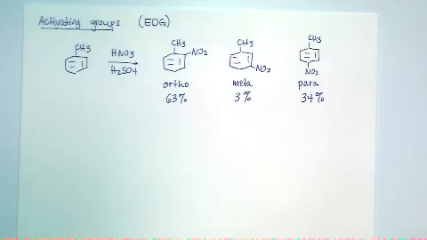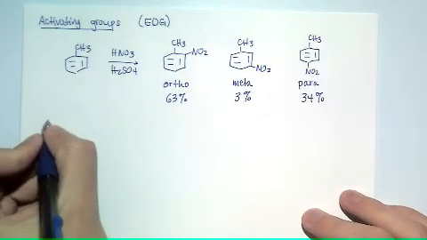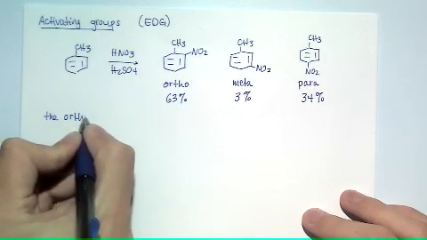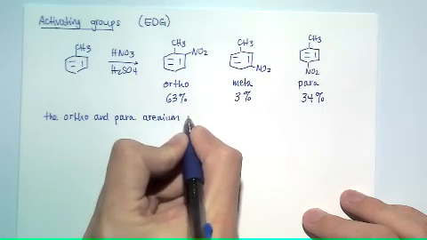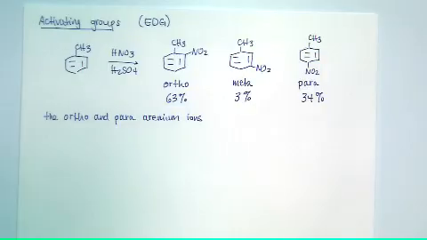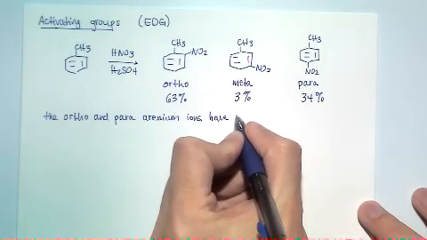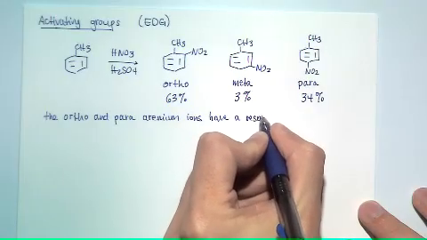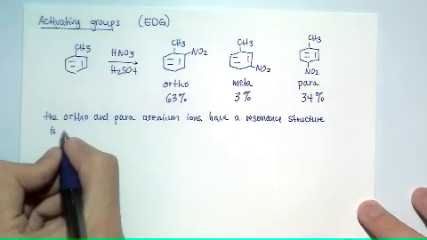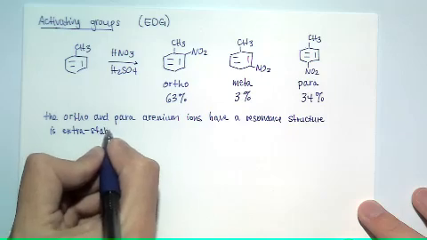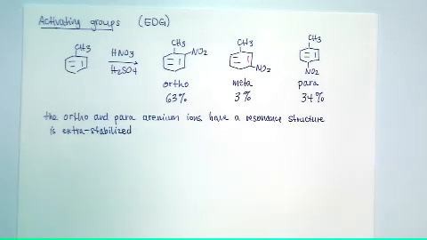So if you were to draw out resonance structures for the intermediate, you'd find that the ortho and para-arenium ions, the one where you've got a positive charge on the ring, one of those resonance structures is particularly stabilized because you end up with a positive charge on the carbon at the top here where the methyl group is attached.